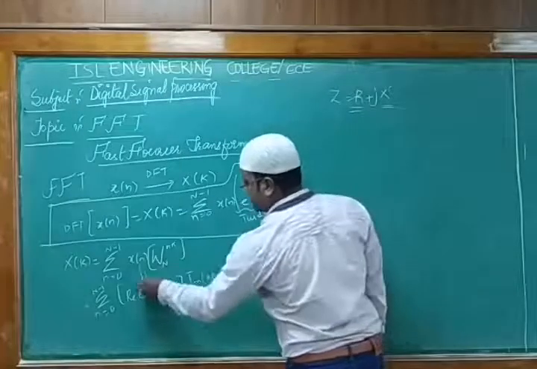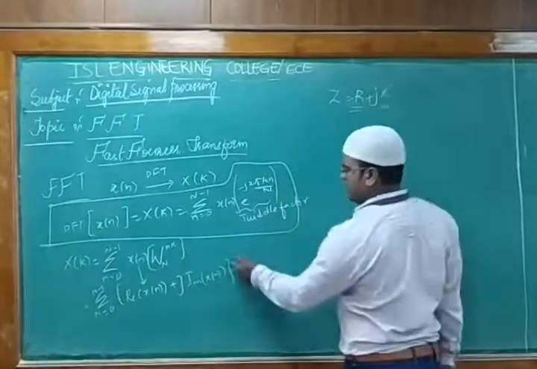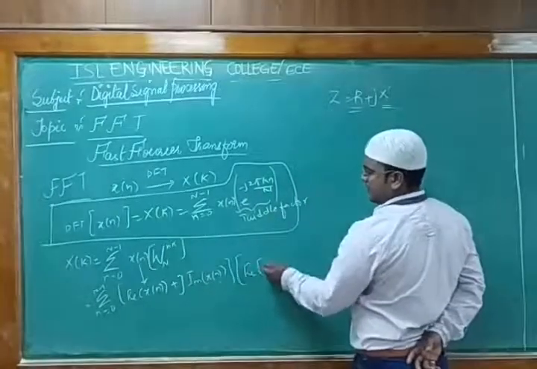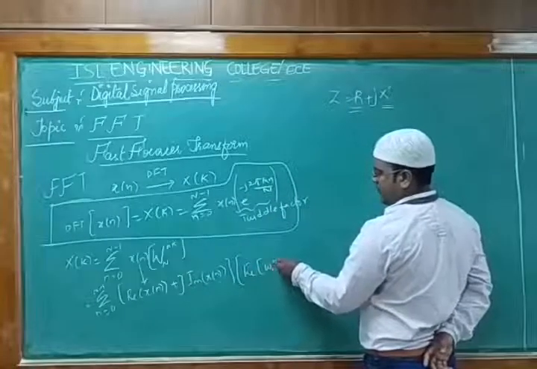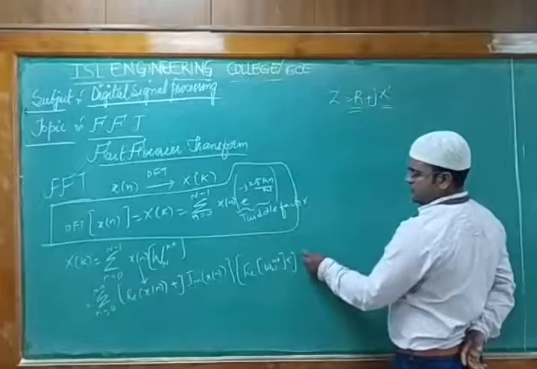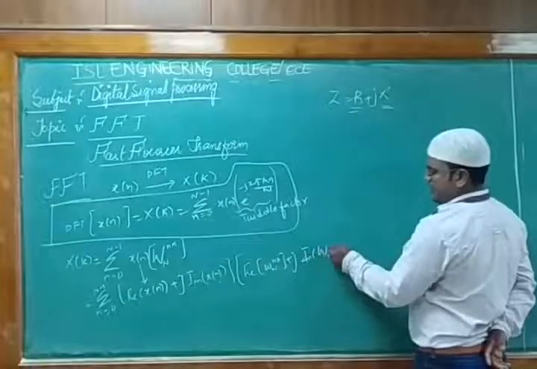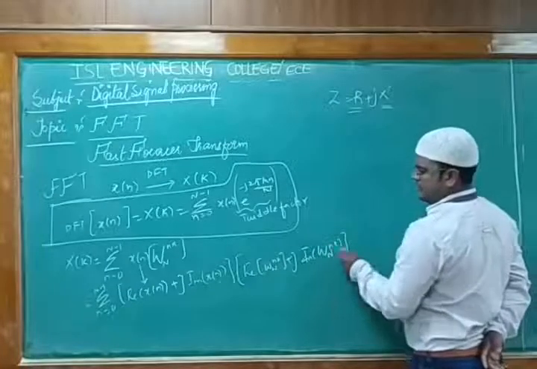This is my first sequence I have written. Similarly, I can write for the second one: the real part of W_N to the power nk plus j times the imaginary part of W_N to the power nk. Like this I can write.